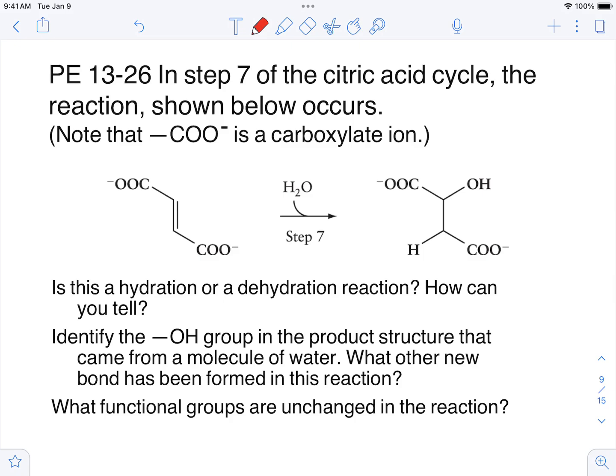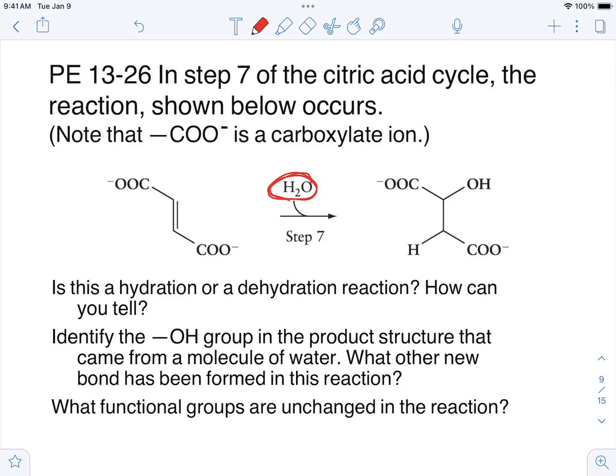In step 7 of the citric acid cycle, the reaction shown below occurs. So you can see what we have going on here. Take a look at this reaction. Is this a hydration or a dehydration reaction? So notice a couple things. One, we're adding water to this.